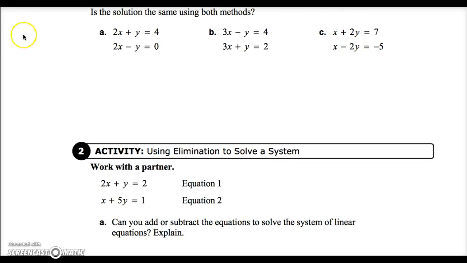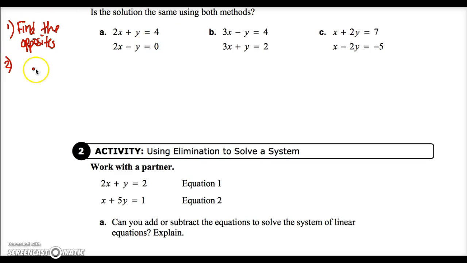Over here to the side, what I want you to write first is simply all we're going to do to solve these. First, you must find the opposites, which was what we were just doing. Decide if the equations do in fact have opposites.